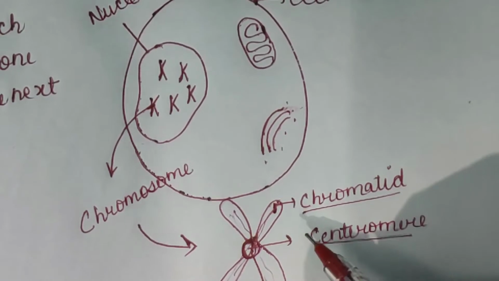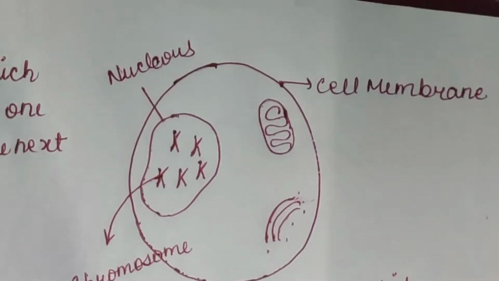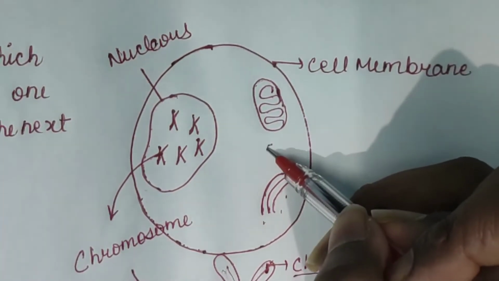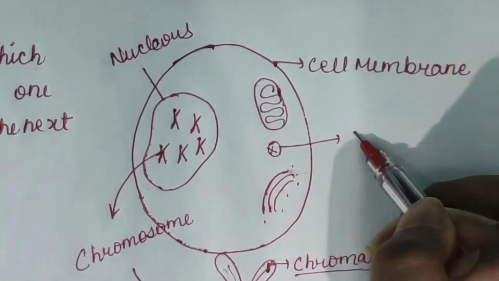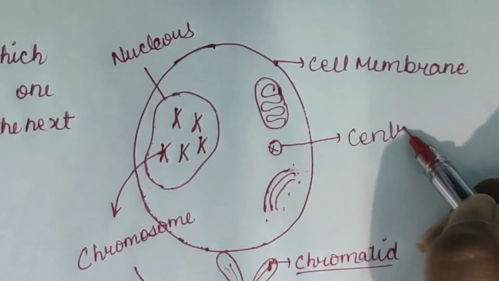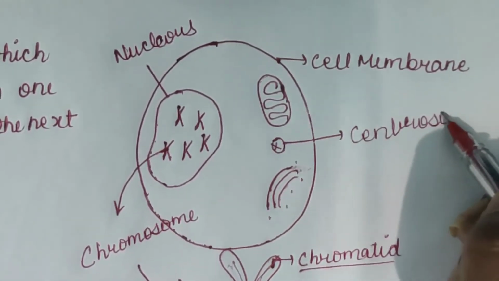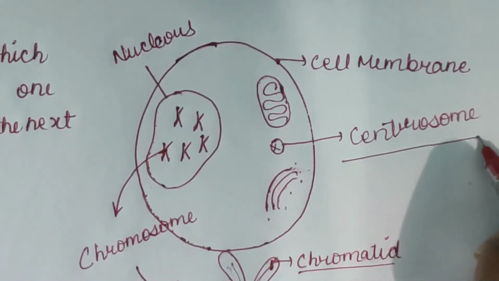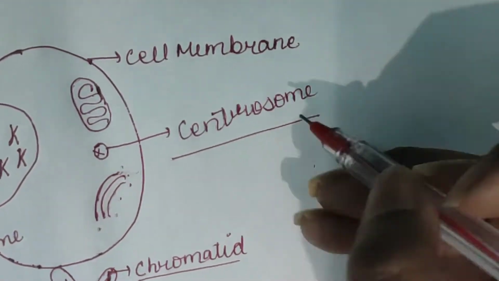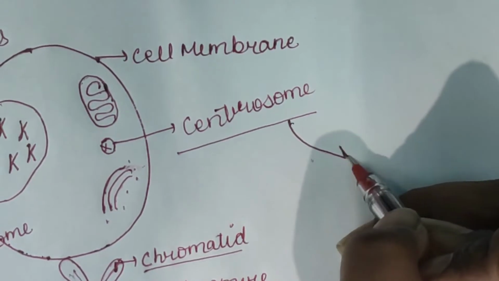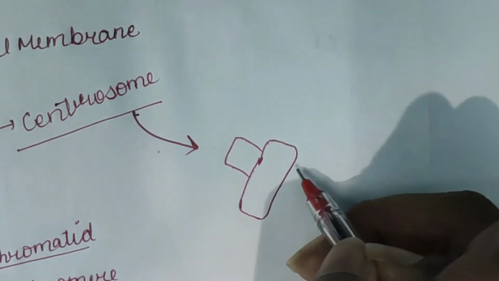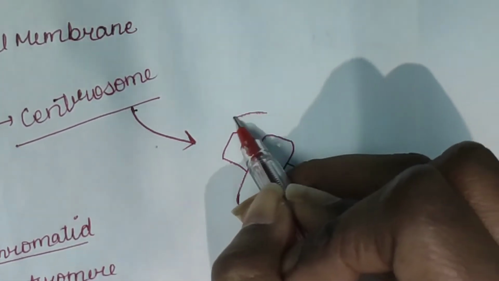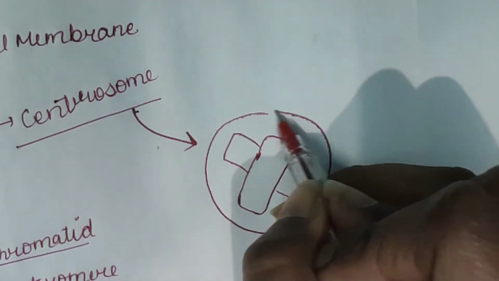Now, besides them, a cell also consists of an important cell organelle which is called the centrosome. The centrosome looks somewhat like this.